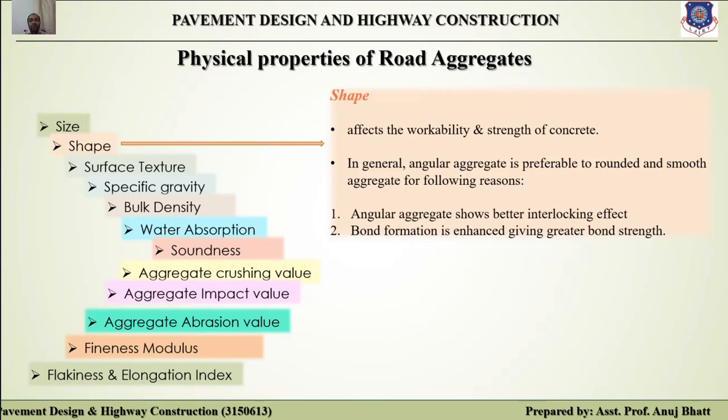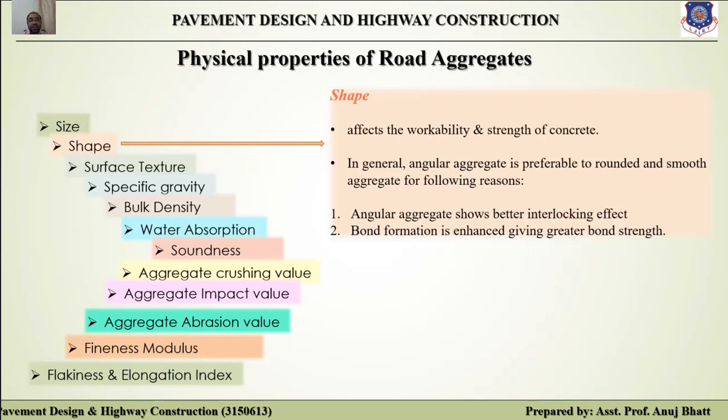Hence, bond formation is enhanced, giving greater bond strength. That's why the shape of aggregates affects its properties. So generally we can say angular aggregates are more preferable for concrete work.